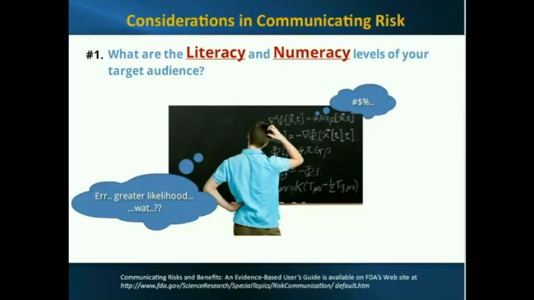When you say something like, if you do action A, you are 8 times likely to feel B or C or D, that kind of quantitative information is difficult for most people.